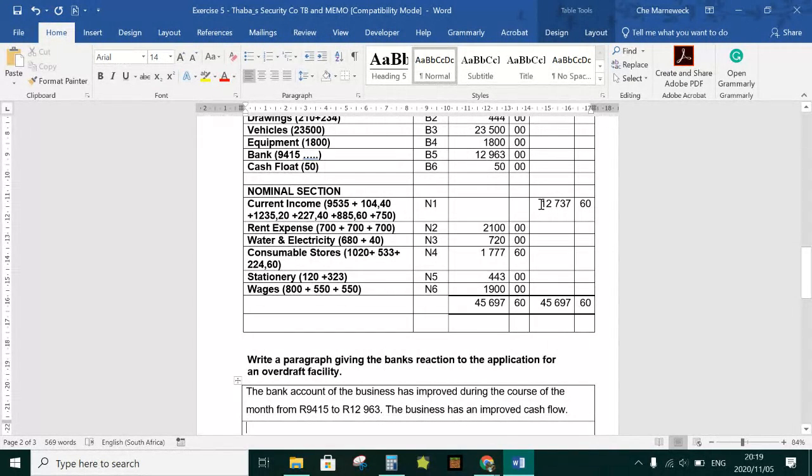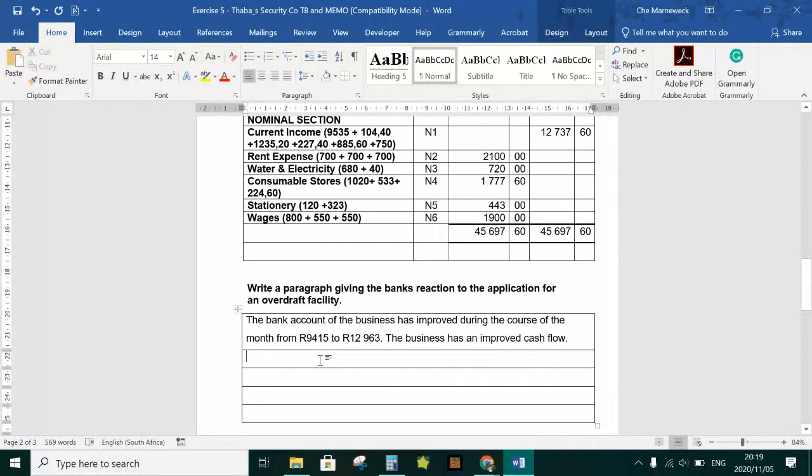So they're generating more income than expenses. So that's good. So I've given 2 positive reasons why this business is doing really well.